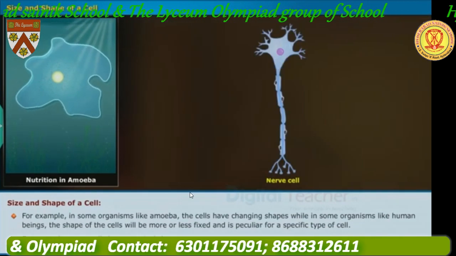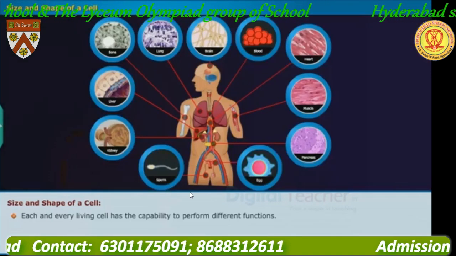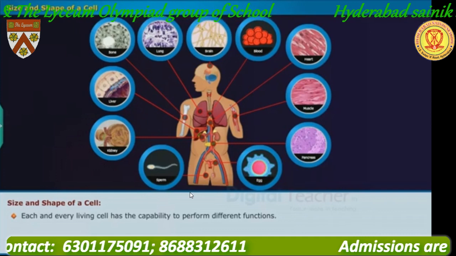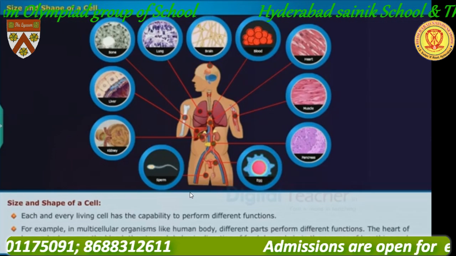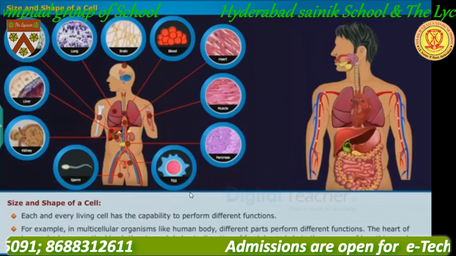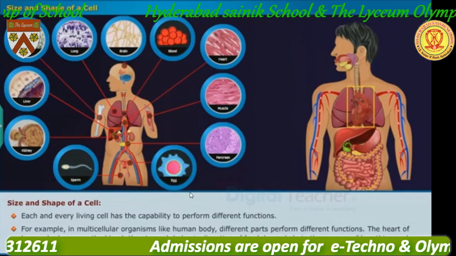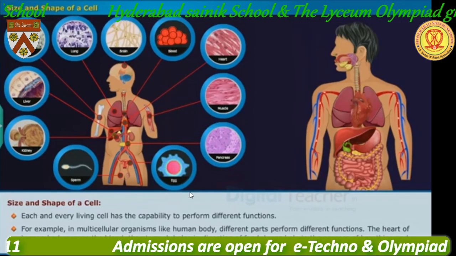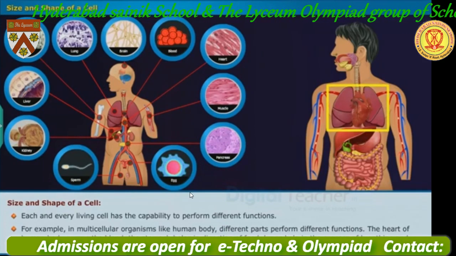For example, nerve cells have a typical shape. Each and every living cell has the capability to perform different functions. For example, in multicellular organisms like human body, different parts perform different functions. The heart of human body pumps the blood. The stomach helps in digestion of food, lungs help in the process of breathing, and so on.